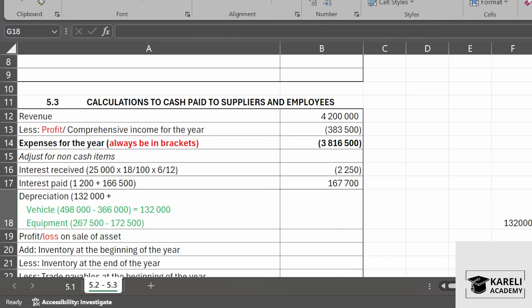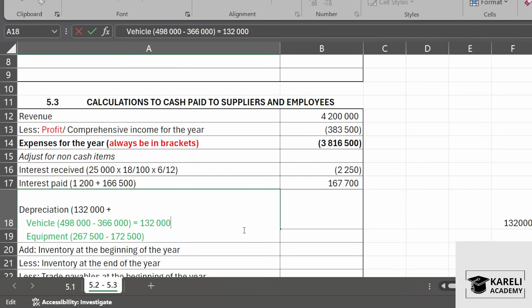Now for equipment, I'll do it here. 267,500 minus 172,500. It gives us 95,000. We are still on depreciation. 95,000.